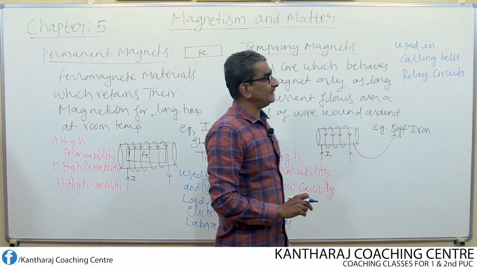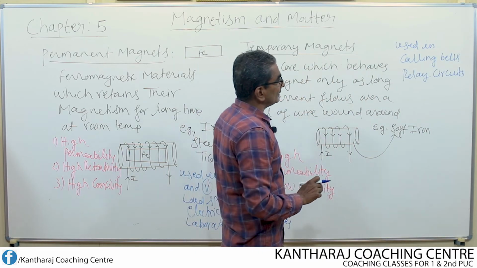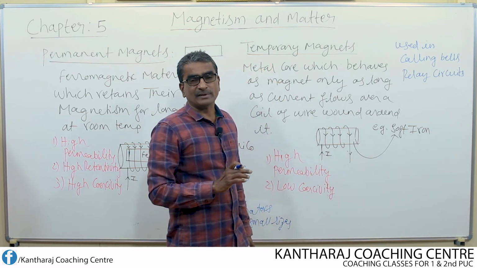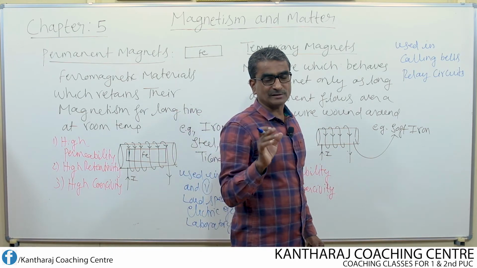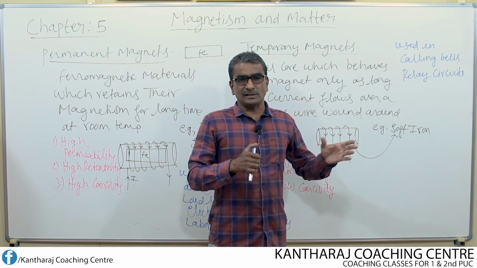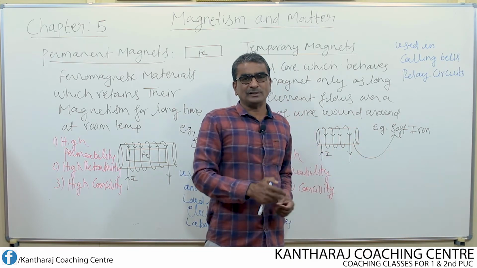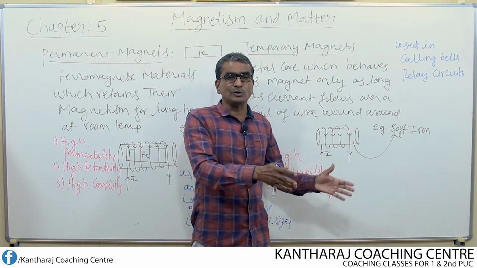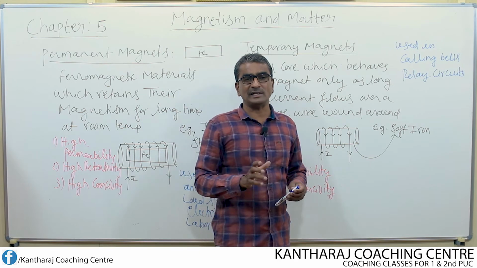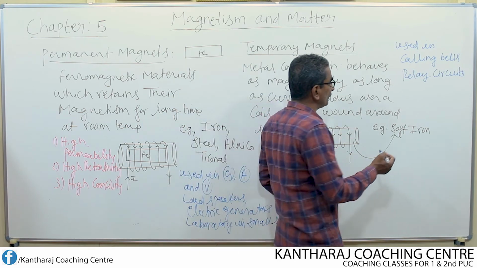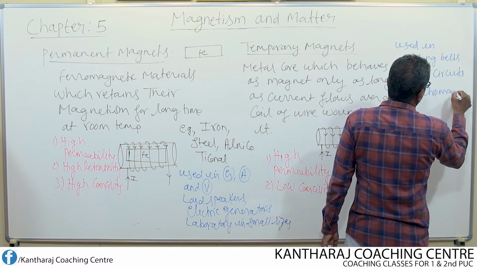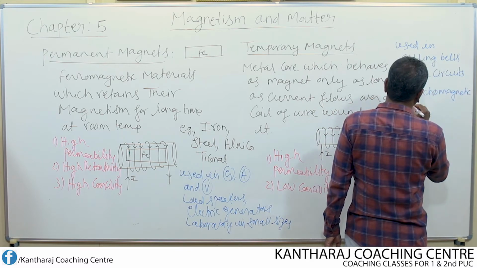These temporary magnets are also used in electromagnetic cranes, big electromagnetic cranes in big industries, to shift a huge mass or load from one place to another. They make use of electromagnetic cranes.